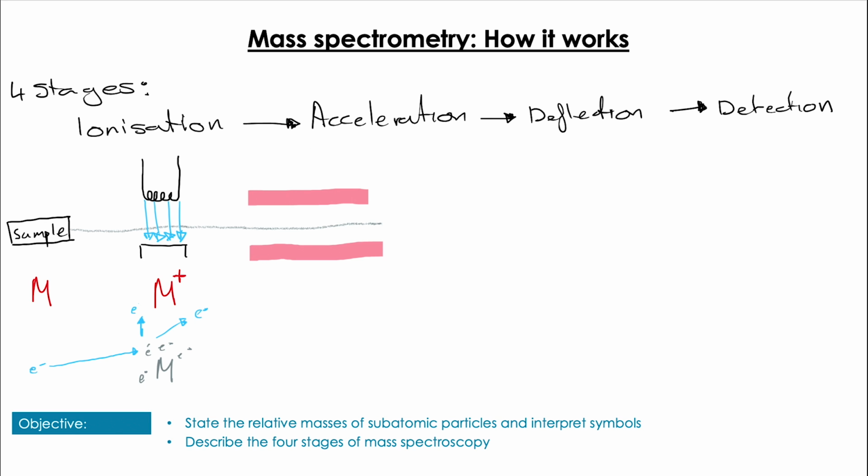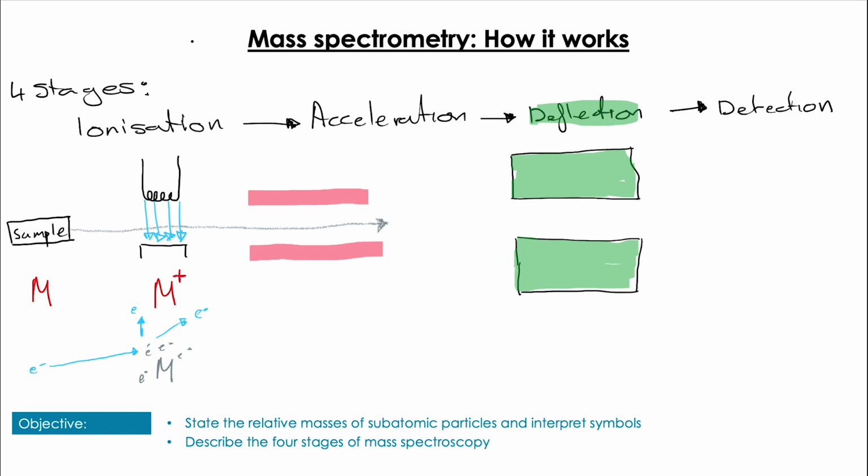And then that's going to go into a magnetic field which is going to accelerate these ions. Now, only something that is ionized can be accelerated. We can't accelerate something that has not yet been ionized, so any sample that is not ionized will not be accelerated. This then gets to the deflector, which is another electromagnetic field.